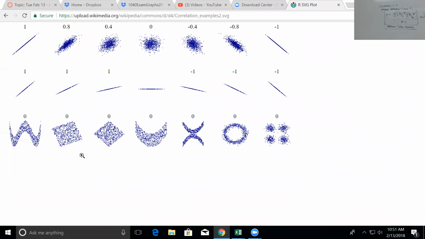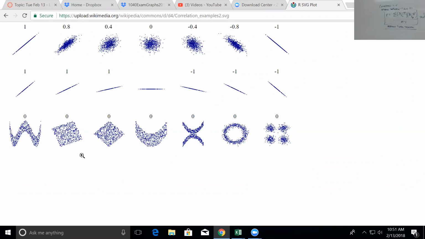So what I want to caution you on, if your scatter plot looks like this top one in the middle, and it has a 0 correlation, this would indicate that there's no correlation. However, if you don't look at your scatter plot and you just plug it in that equation, these all have 0 linear correlation, but that does not mean they are not correlated, okay?